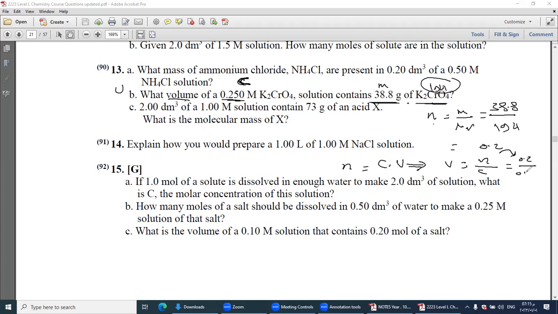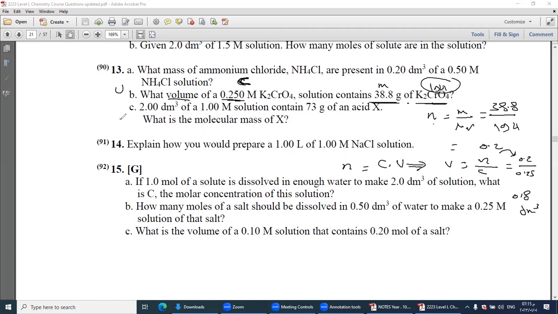Concentration equals 0.25. So volume equals 0.8 decimeter cubed.